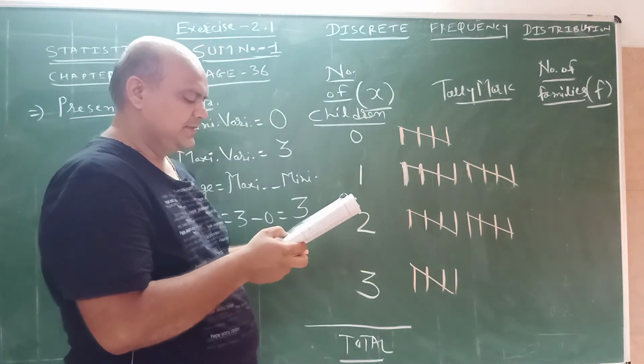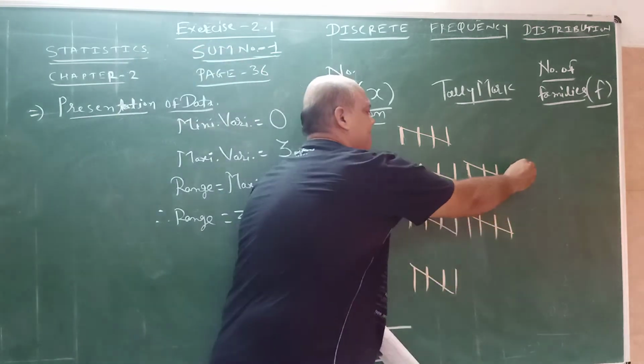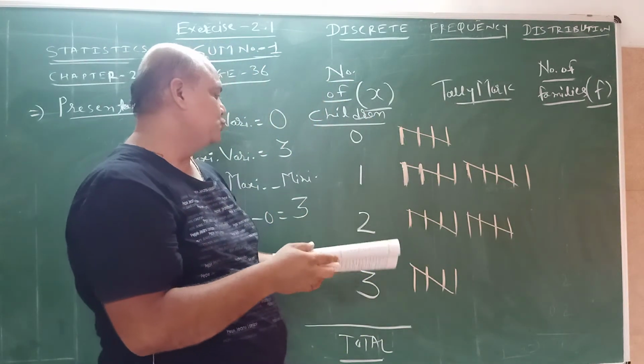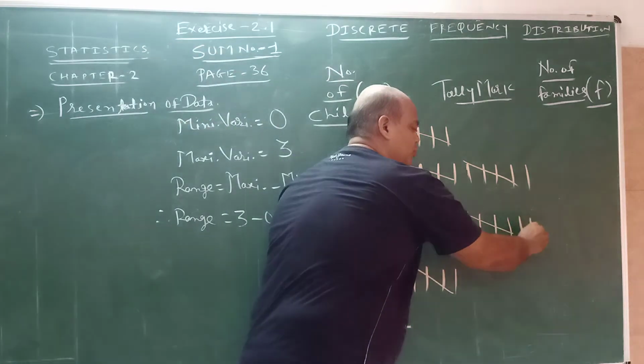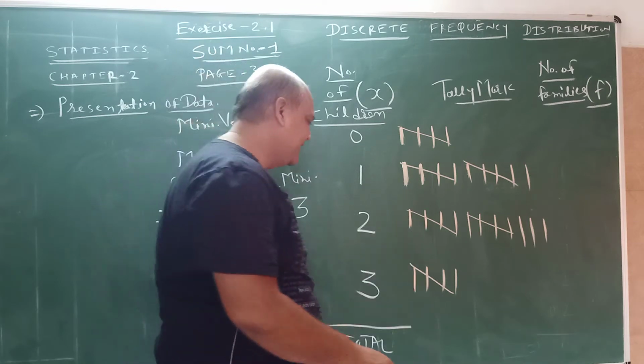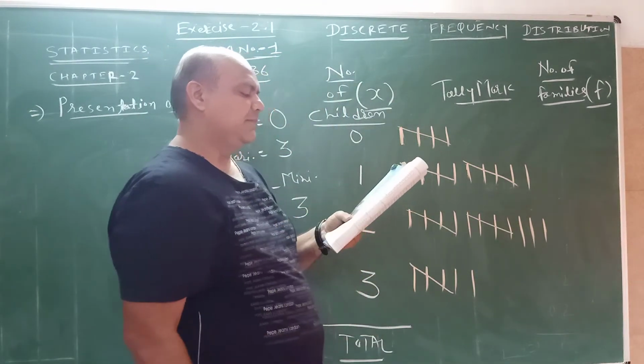Next is 1. After that 3 times 2: 2, 2, 2. Then 3. Next column: 2.